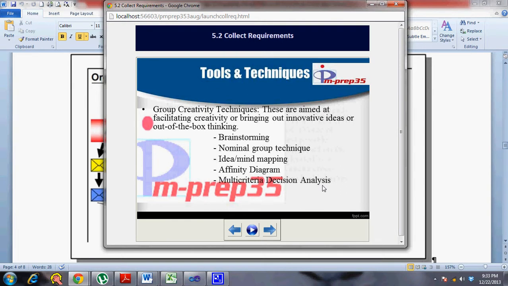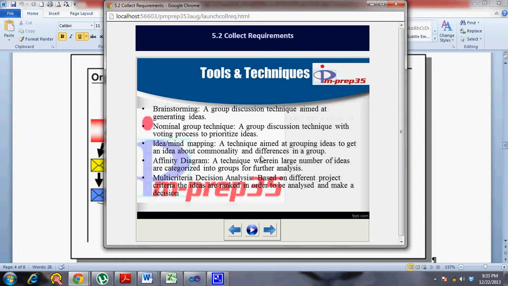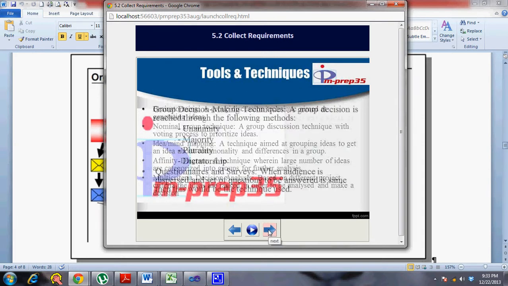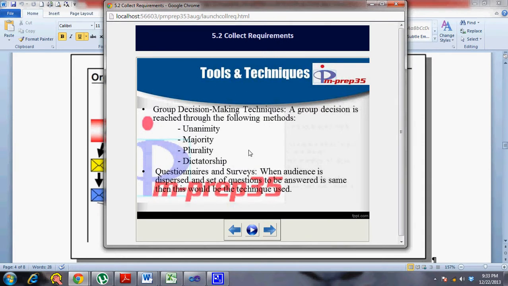Apart from that, you have group decision making techniques, which is more related to when you might have multiple requirements, but then you have to decide which is really important. That's where you either have a unanimity, wherein everybody is sure that this is a really important requirement, so you take that as a high priority requirement. Then you have majority, wherein 50% or more people are saying that a specific requirement is important.